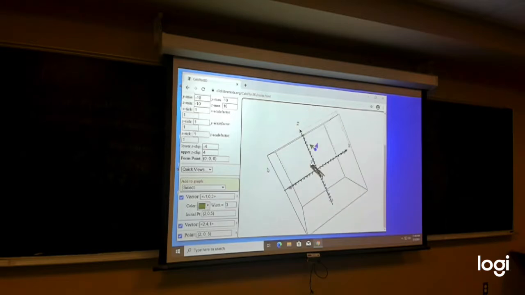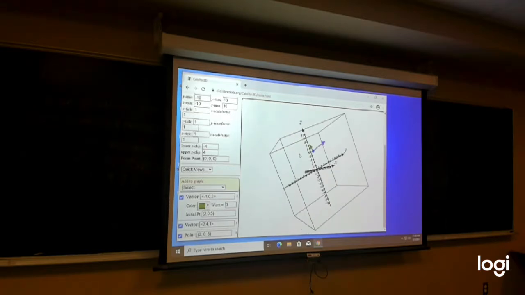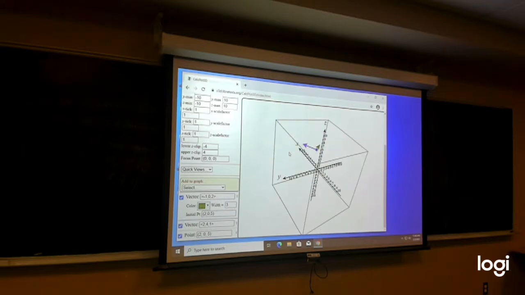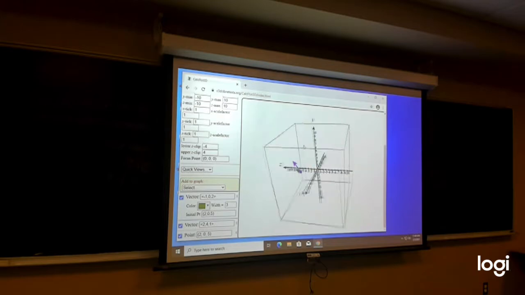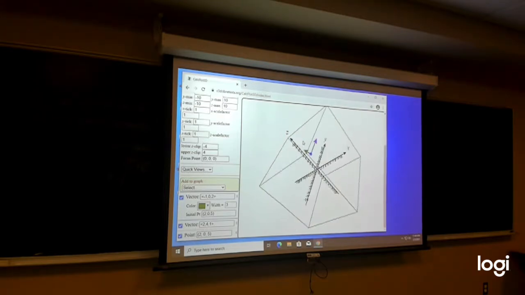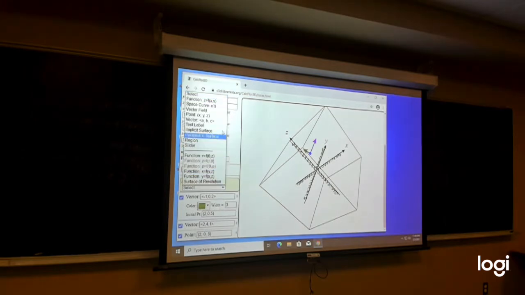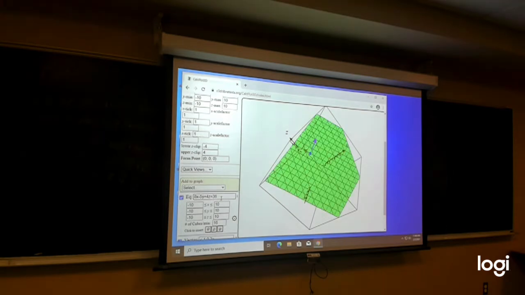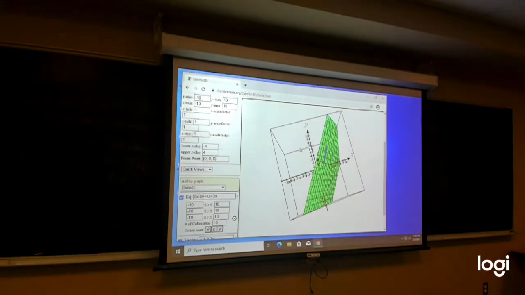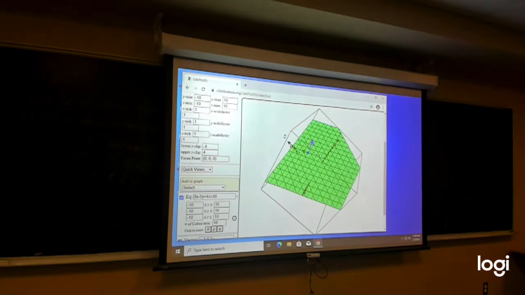Here's my challenge. I want you to find a plane that contains this point and that contains both of these two vectors. So in other words, let me get a good angle on this. I want a plane that if we were to graph out the plane would look something like this, where the point and both vectors starting at that point happen to lie inside of the plane.